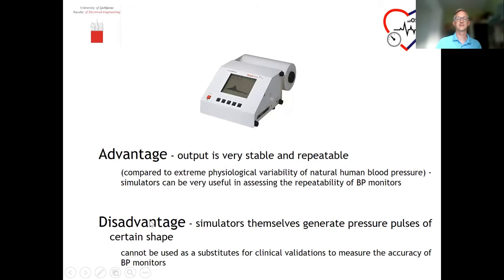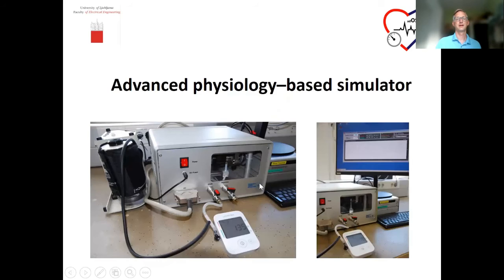The disadvantage is that these simulators themselves generate pressure pulses which have an artificial form. They're not exactly like a human heart would generate. So there are pros and cons, and at this moment, they cannot be used as a substitute for clinical validation. You cannot test the accuracy of the device using this.